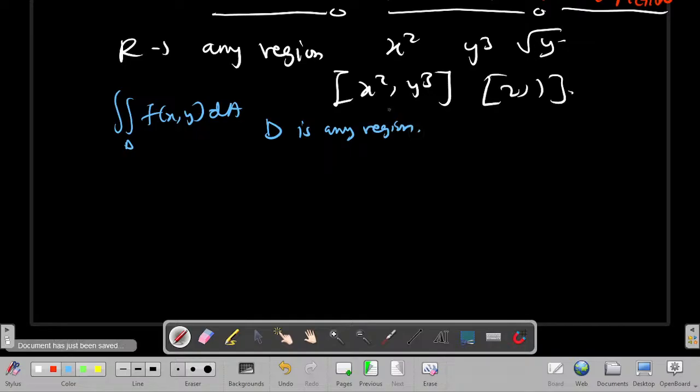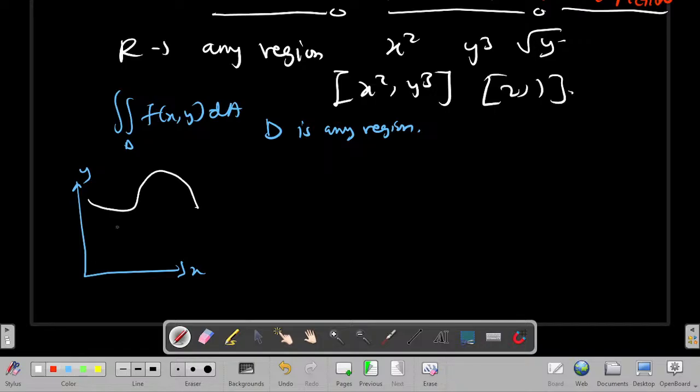I'm going to draw two regions here. I have my x and y. So this is my y, this is my x. Okay, so I have something like this. Then I have something like this. So this is my x.